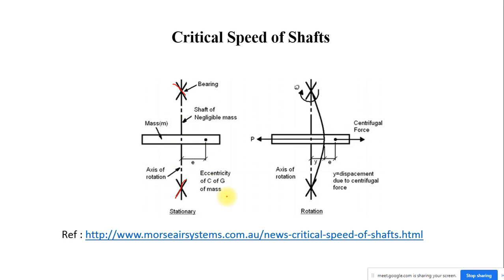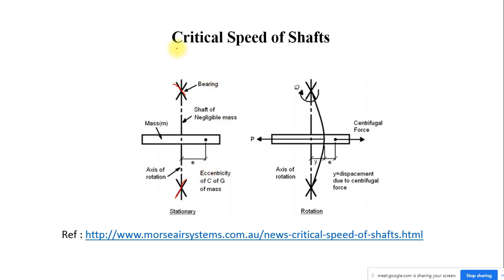So there is no certainty that this shaft will always rotate in its exact axis. It is because of the variation in the mass, the variation in the speed, everything will happen. Because of which radius of gyration will come in; we will see what the radius of gyration is in our forthcoming slides.